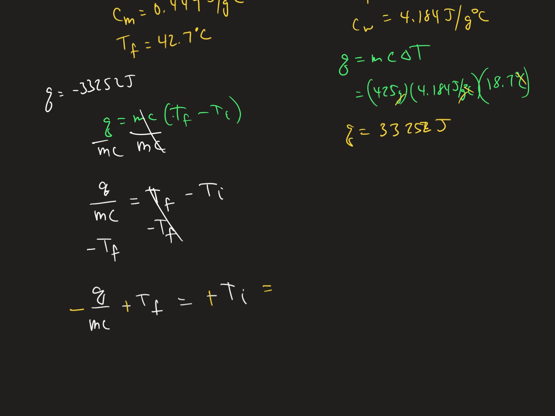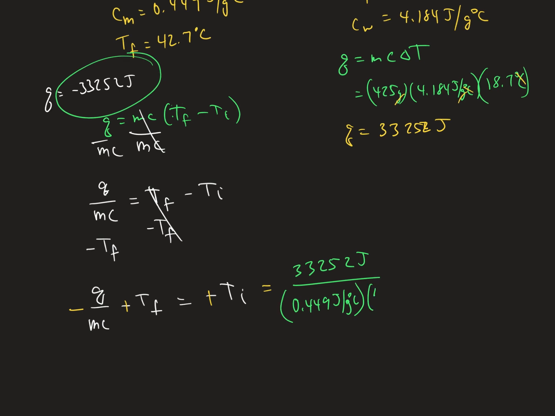It's equal to negative Q over mc plus T final. Well, our Q is a negative number, that's nice, that negative goes away. So 33,252 joules over, our C is 0.449 joules per gram degrees Celsius, and our mass is 360.